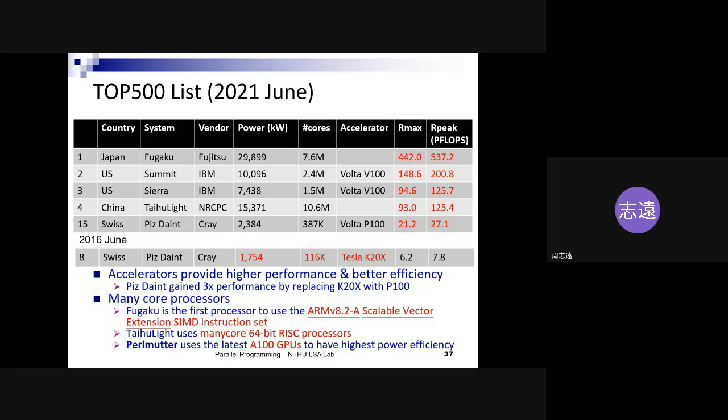However, you will also see that those specialized processors or accelerators usually only fit, or are designed for, specific types of computation.